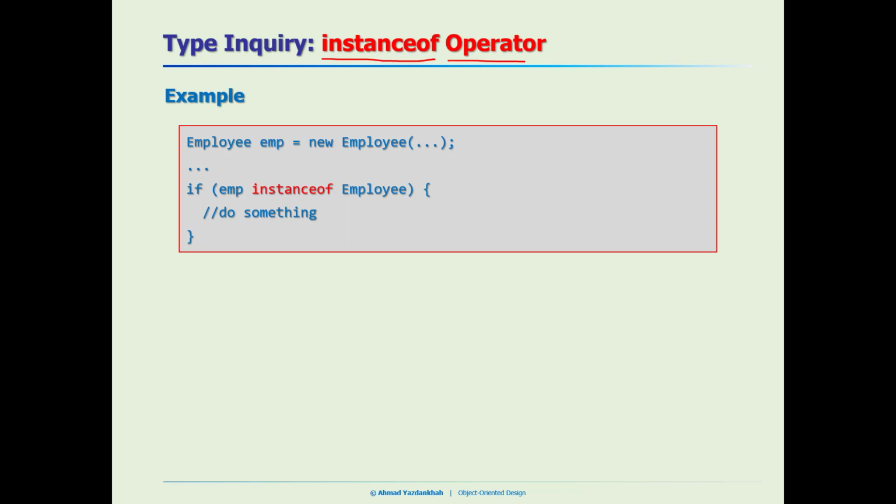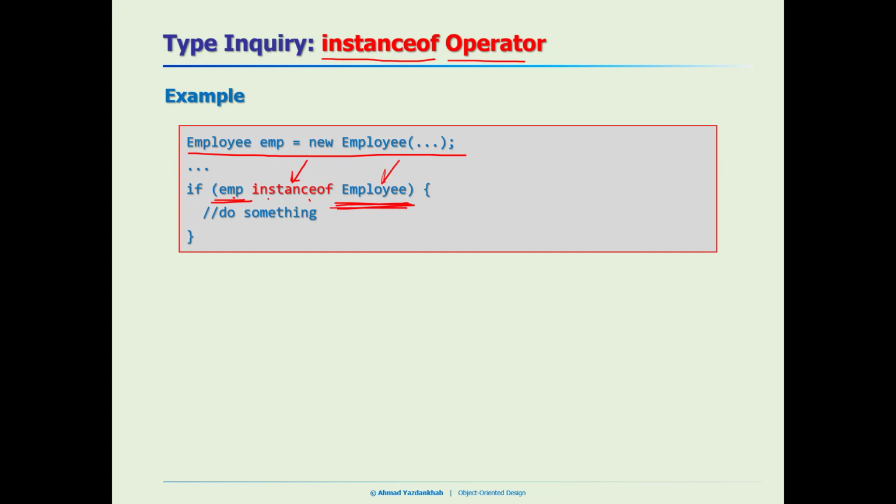And here is the syntax. This is the code that I showed you in the previous slide. Now we want to check whether this variable is this type or not. So we can use this operator. Is employee an instance of this class or not?